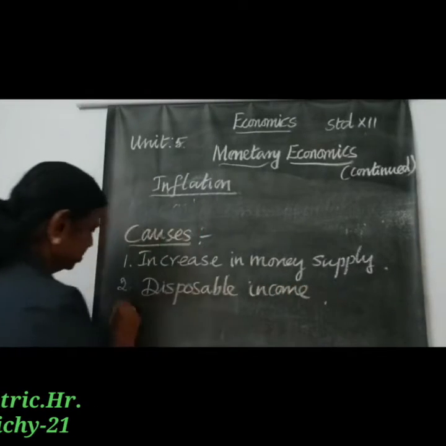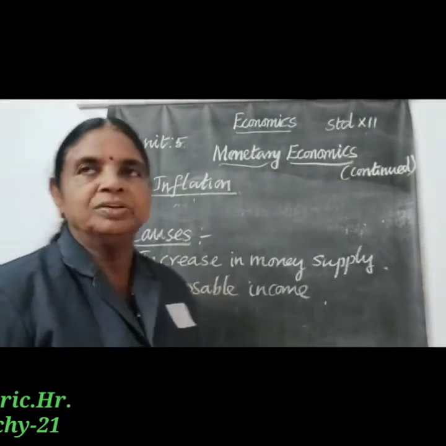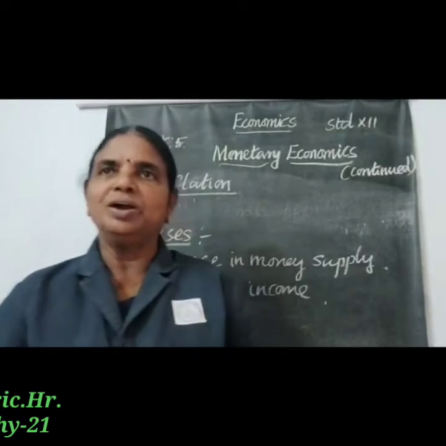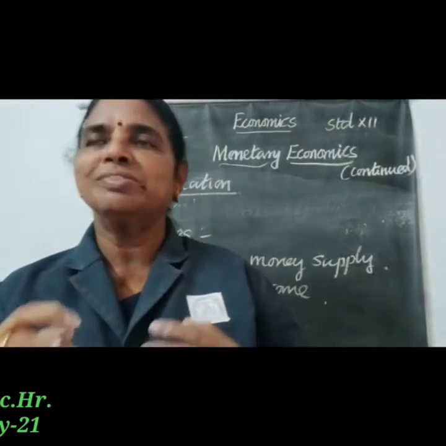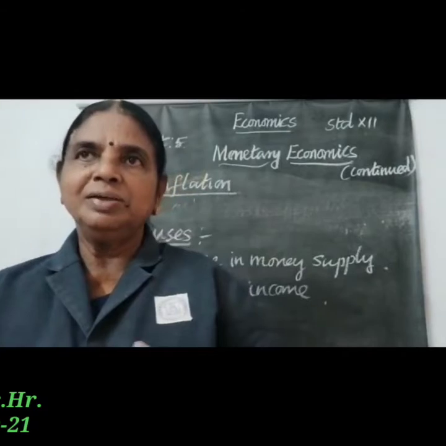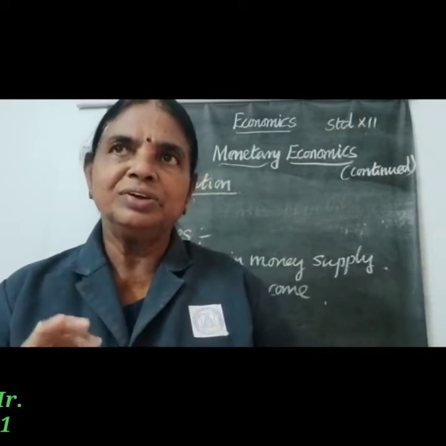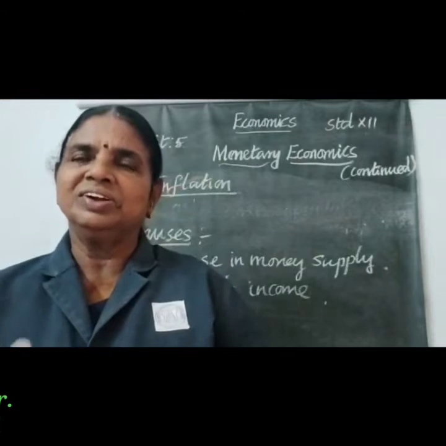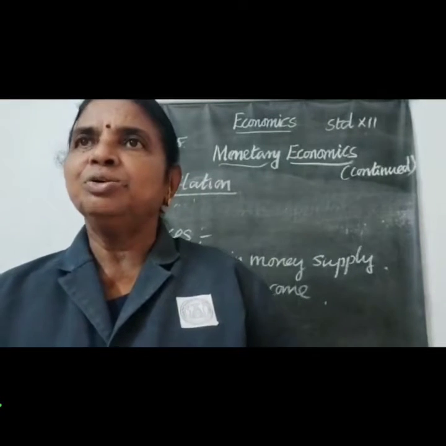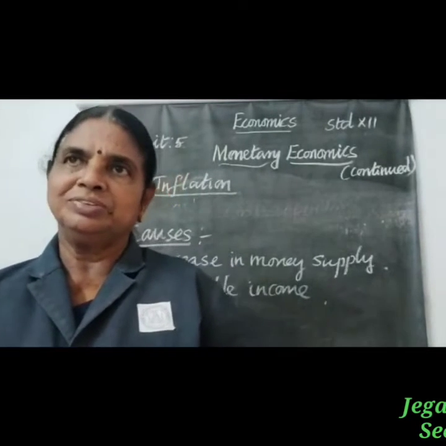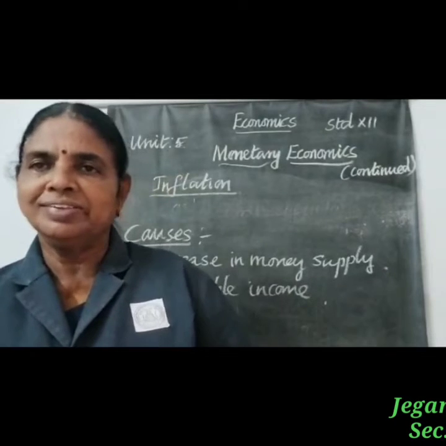Now the third you have to remember, that is another important one, the increase in consumer spending. The demand for goods and services increases when people are given credit to buy goods on hire purchase and installment basis.